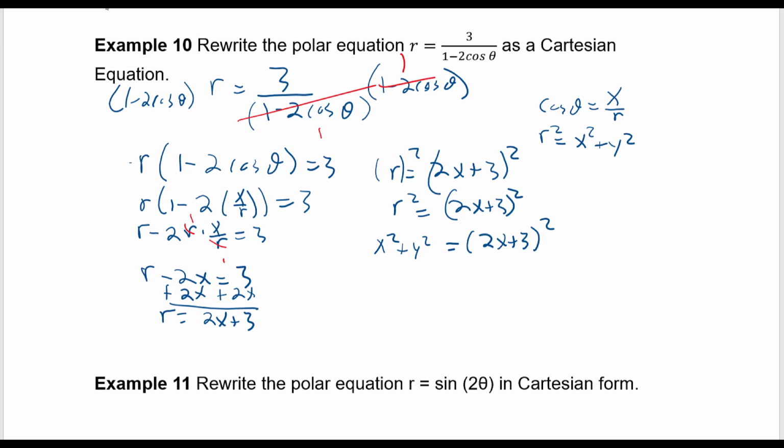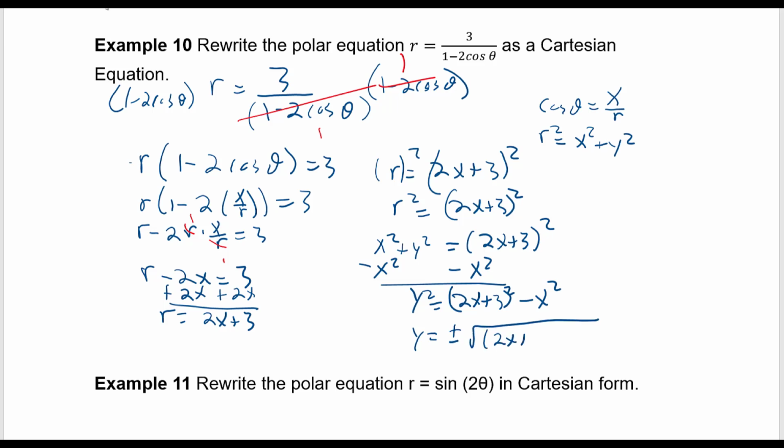Now, I'm solving for y, that's how we normally have these equations. Subtract the x squared. y squared equals 2x plus 3 quantity squared minus x squared. And take the square root. y would be plus or minus the square root of 2x plus 3 squared minus x squared. There you go. And this would be the equation of a hyperbola.